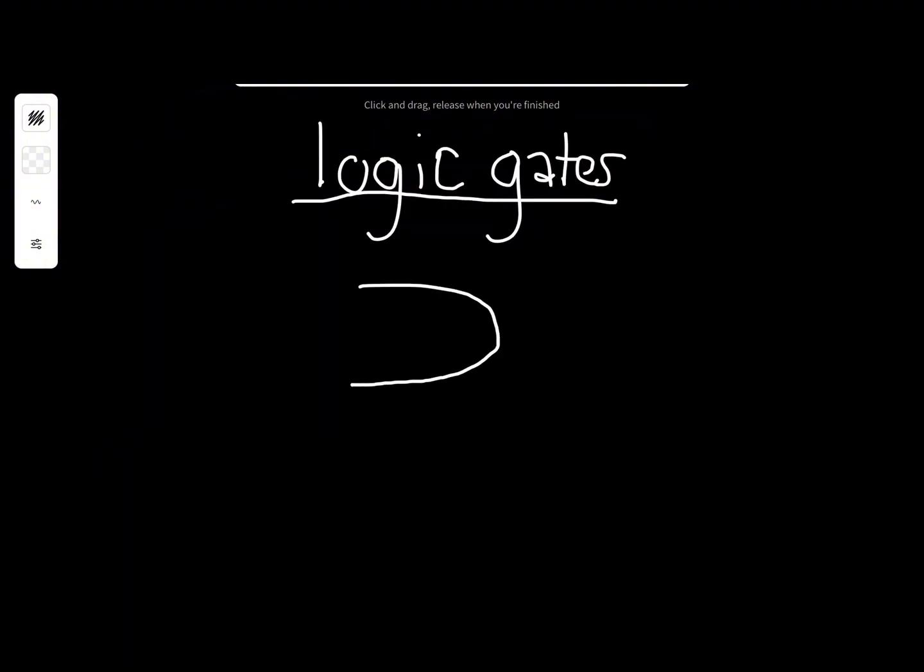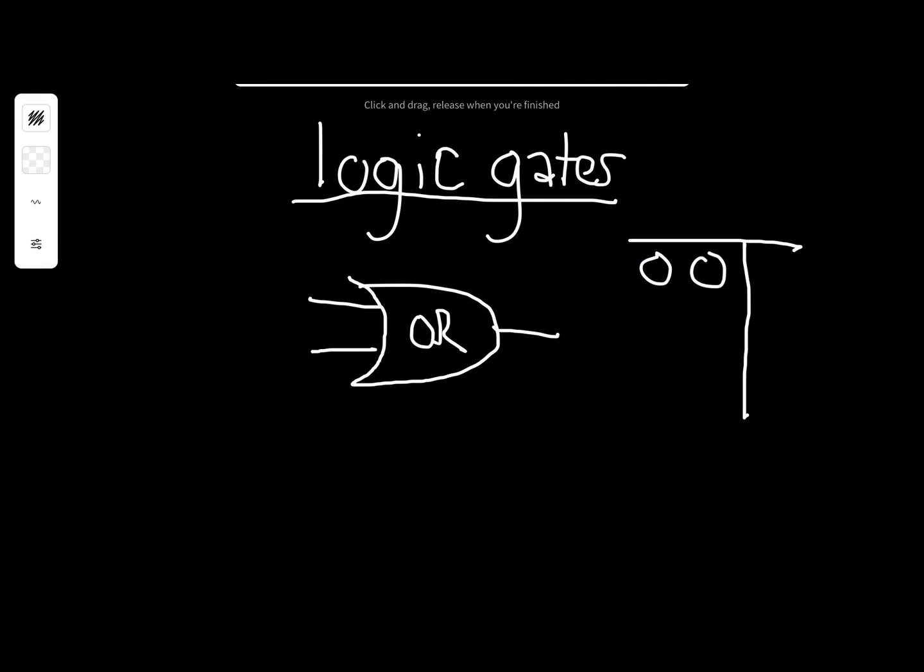This is the OR gate, and it looks like the AND gate, except it's a little curvy in the back. So this is the OR gate symbol, and I'm just going to draw OR here. Now, the OR gate is pretty different from the AND gate. Essentially, if there's a 1 at any point in this pairing, then the output is going to be 1.